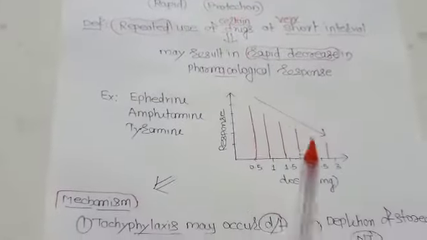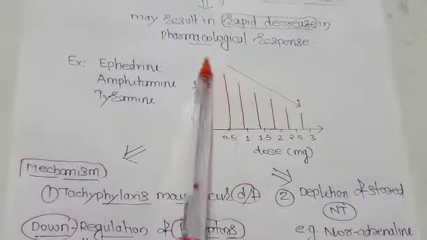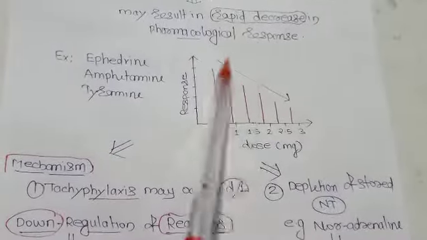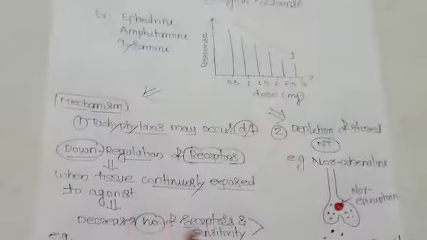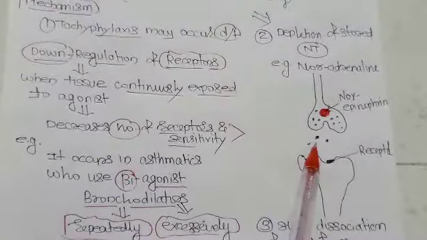Even if you increase the dose, the response still decreases rapidly. It is because of downregulation of receptors, in which the number and sensitivity of receptors are decreased.